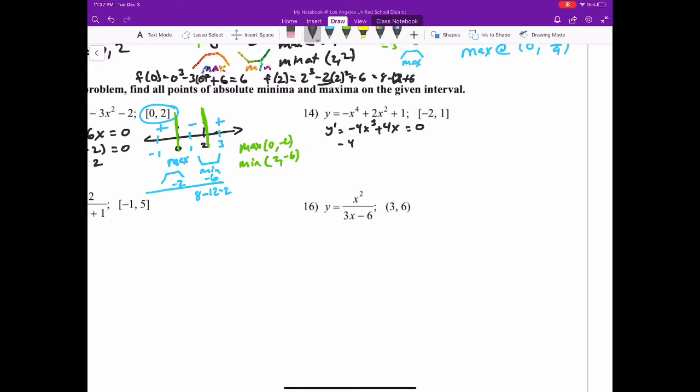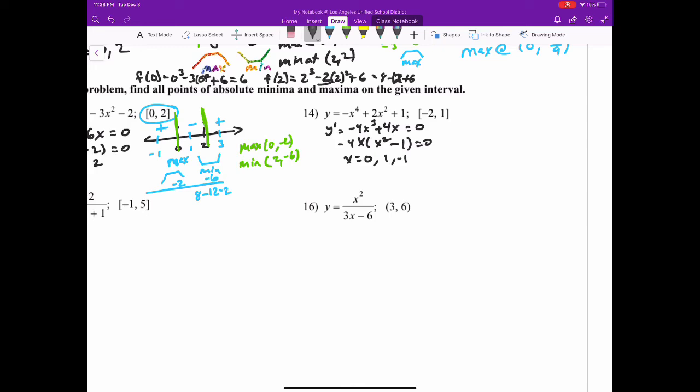So negative 4x becomes x squared, oh sorry, minus 1. You can double check that. That becomes negative 4x times x squared plus 1 equals 0. So x is 0, and x can be plus or minus 1.